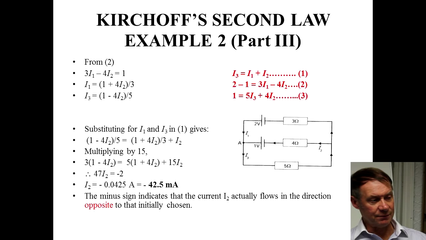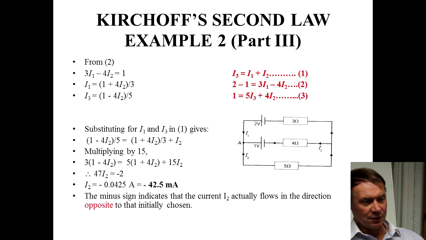We have two unknowns, so we need three equations simultaneously to solve them. So, from 2, 3I1 minus 4I2 is equal to 1. So, I1 is 1 plus 4I2 divided by 3, and I3 is 1 minus 4I2 over 5.